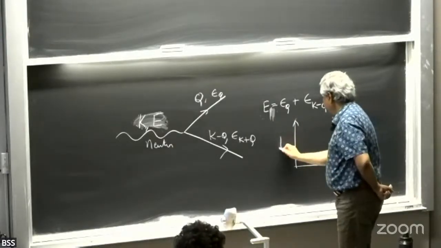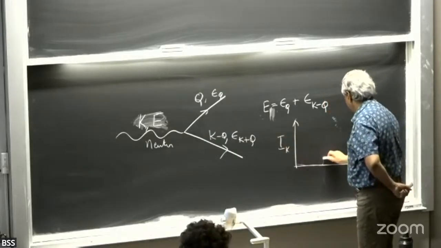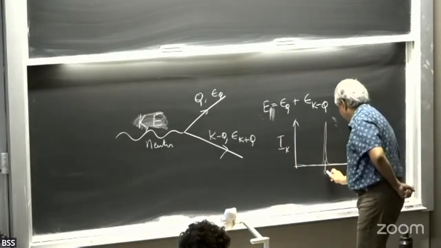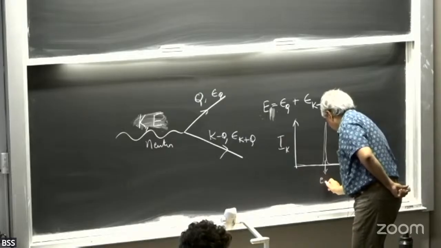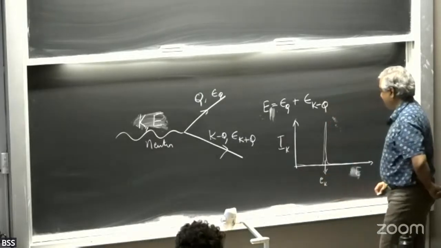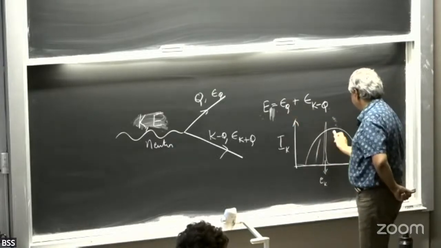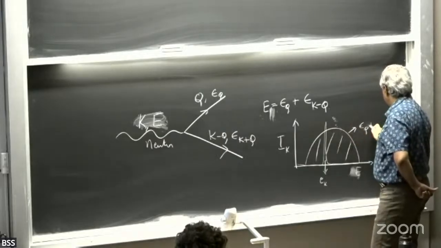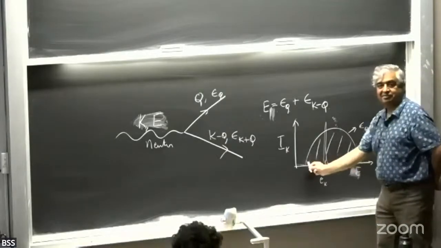If you looked at the intensity at a fixed momentum k, with a spin 1 particle, you'd see some very narrow peak at the energy of the paramagnon, E of k. But with this, you're going to see a continuum. We'll see scattering where the energy is E(q) plus E(k minus q). So as q varies, we'll get different energies.